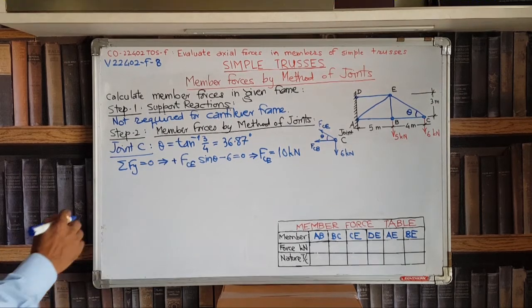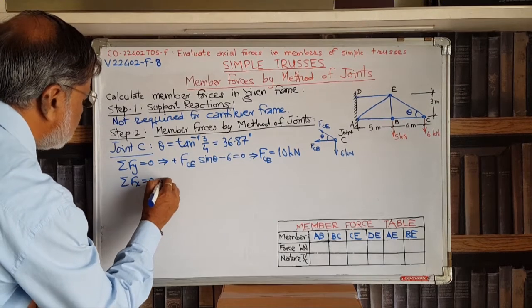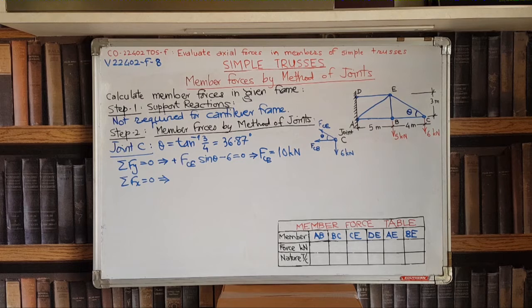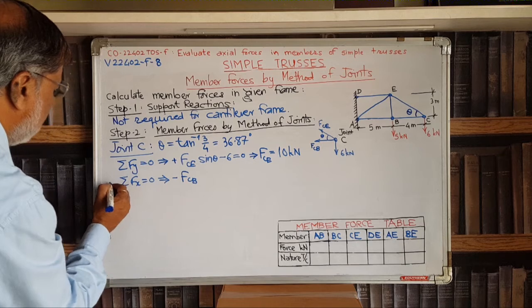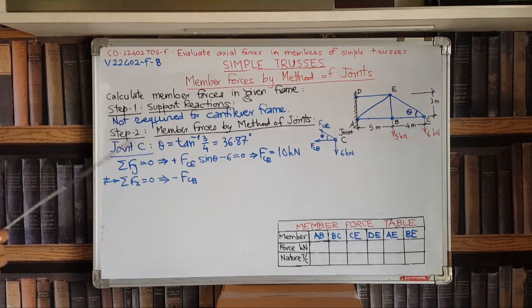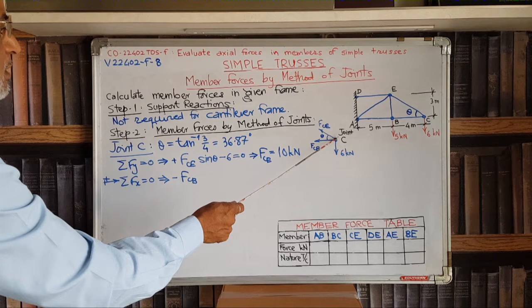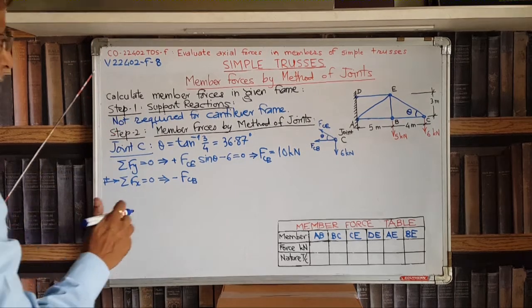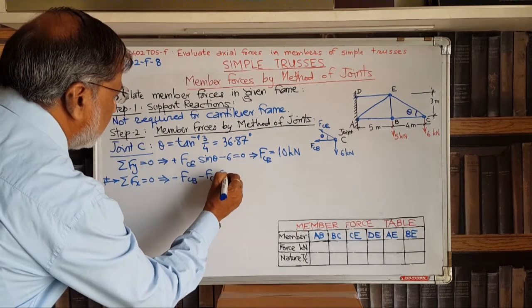Now we will apply the second condition of equilibrium, sigma Fx equal to 0. So we see that this force of FCB is directly along the x-axis, so it will be minus FCB. The minus sign indicates that it is towards left. Rightward forces we are taking positive in x direction. Also the x component of FCE will be minus FCE cos theta.